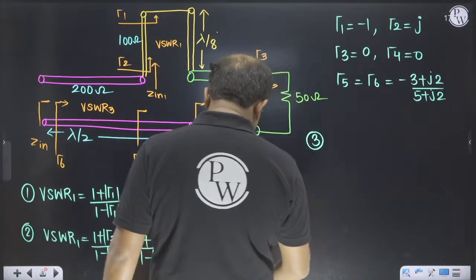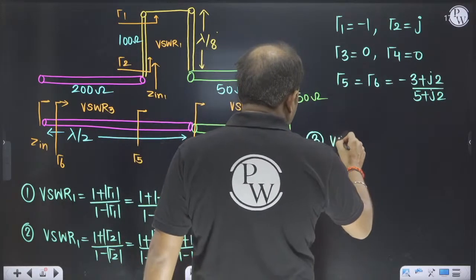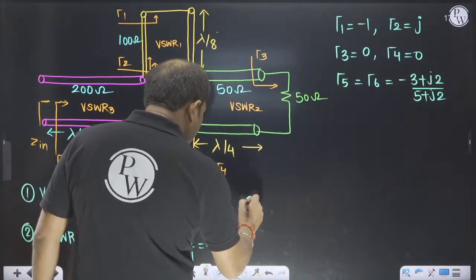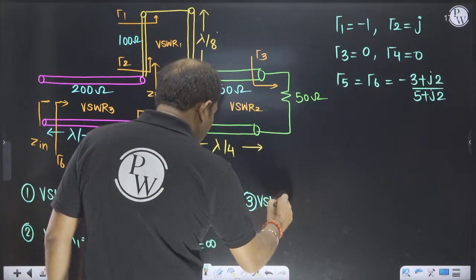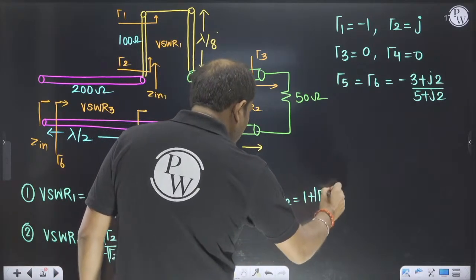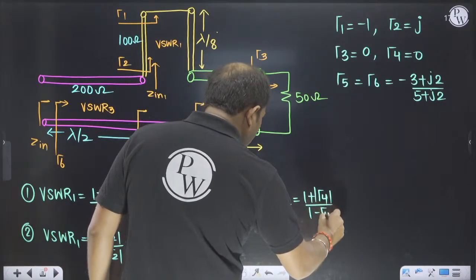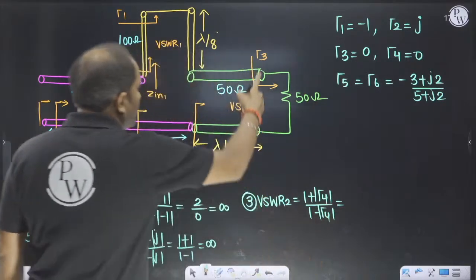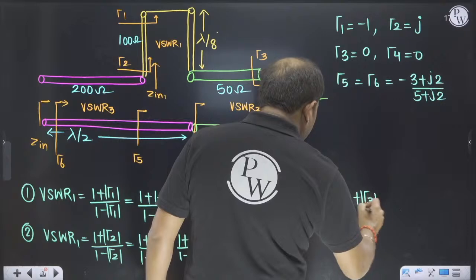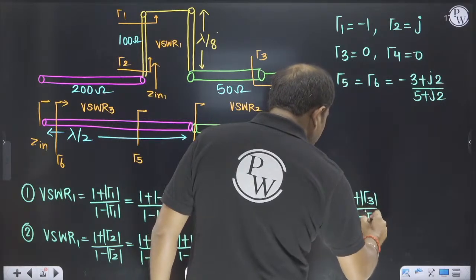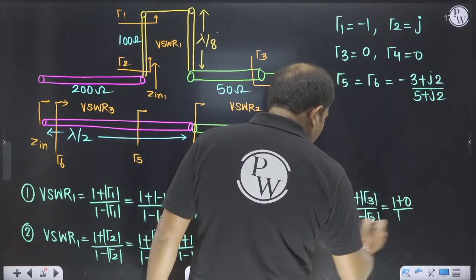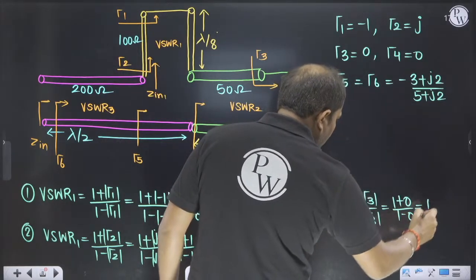VSWR 2 is 1 plus mod gamma 4 divided by 1 minus mod gamma 4, or you can write it as 1 plus mod gamma 3 divided by 1 minus mod gamma 3. Gamma 4 and gamma 3 are 0, so it will be 1 plus 0 over 1 minus 0, which is 1.